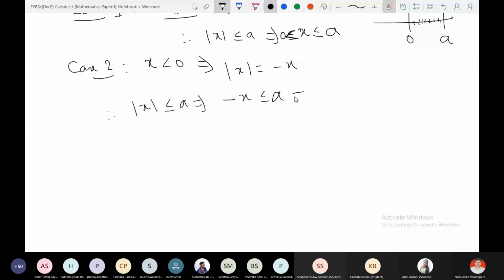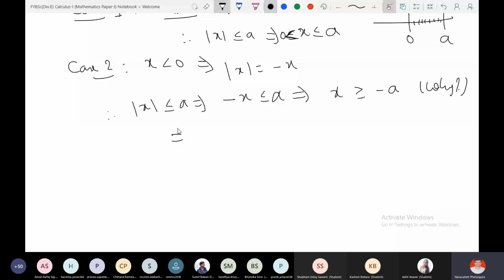Now, if I multiply by minus 1 on both sides, what happens? The inequality changes, then x is greater than or equal to minus a. Why? By the order property. If a is less than b and I multiply by a negative number on both sides, then the inequality reverses.